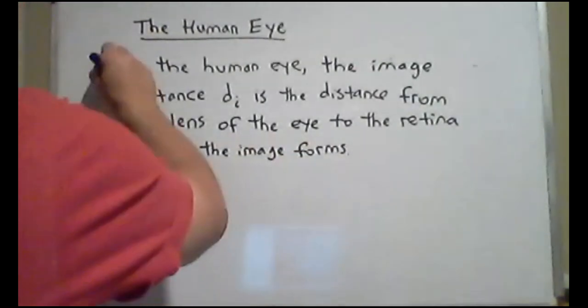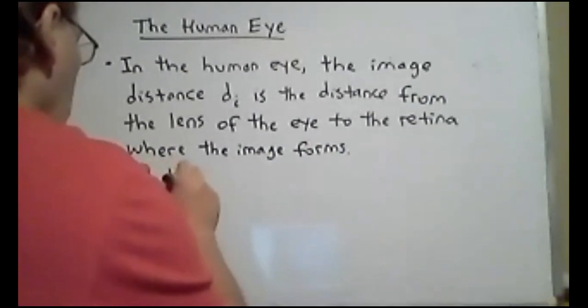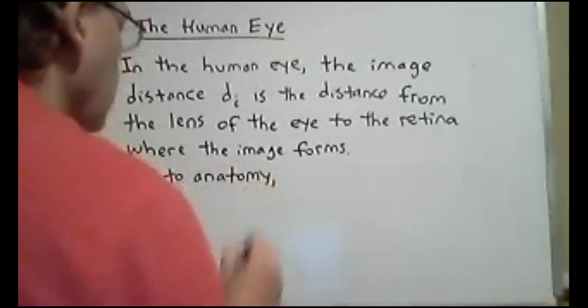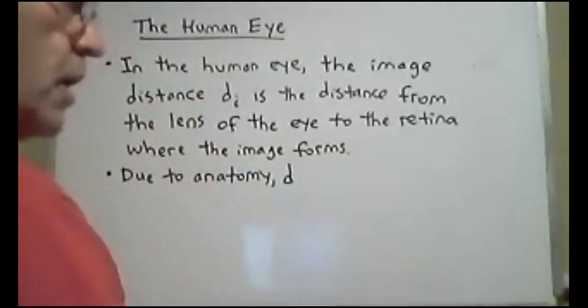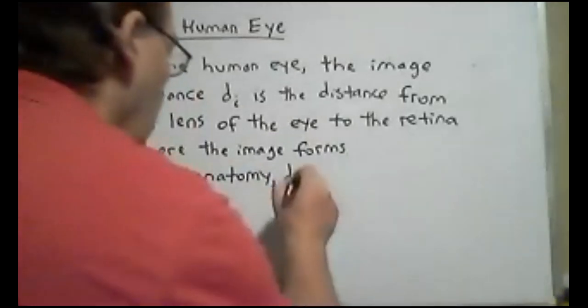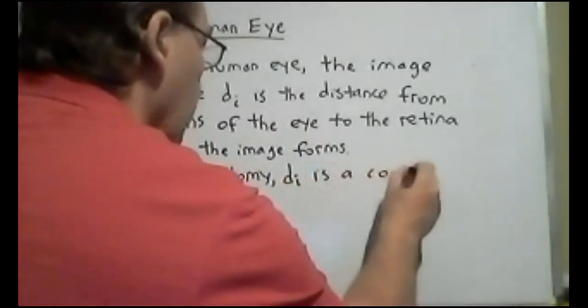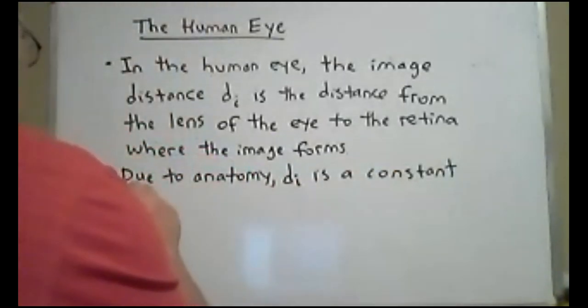Due to anatomy, d sub i is a constant. Your eye doesn't get bigger and smaller. It does not adjust. Your eye stays the same size. Right? d sub i is a constant, since your eye does not adjust in size.